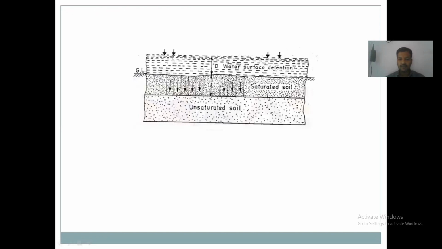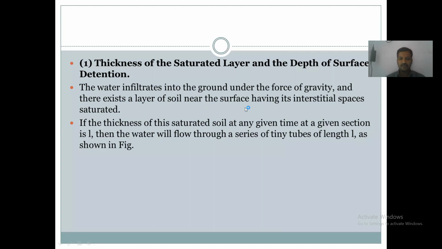After rainfall, the soil is saturated. The length of the saturated layer is L. Below that is the unsaturated soil layer. Water will infiltrate into the ground under the force of gravity.